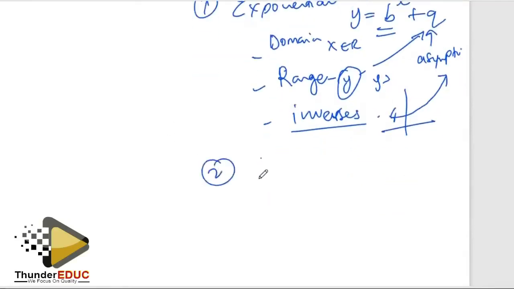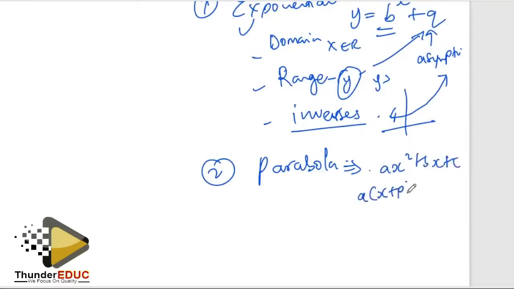Then 2, we have the parabolas. Parabolas always have to be with another graph. In most cases, either parabola and a straight line, parabola with exponential, or parabola with a hyperbola. So that is x squared plus bx plus c. We also have a into x plus p squared, and then plus q, where p and q represent the turning point.